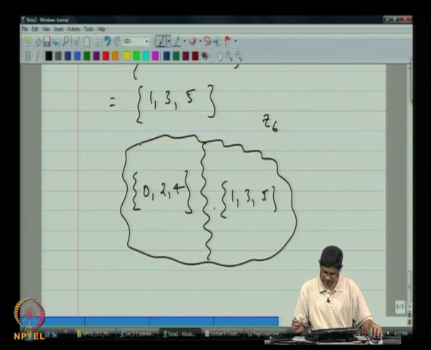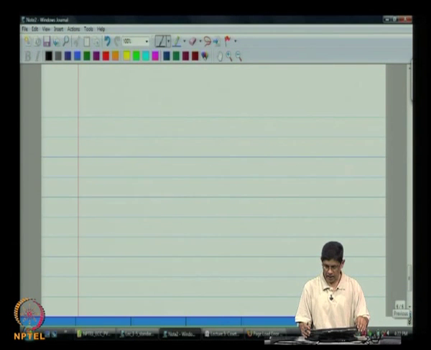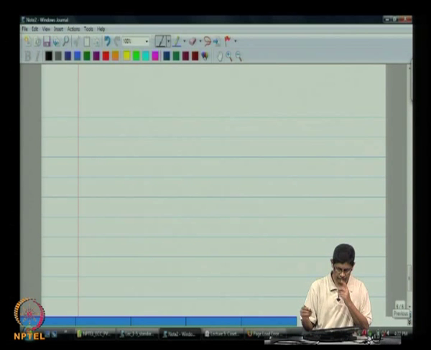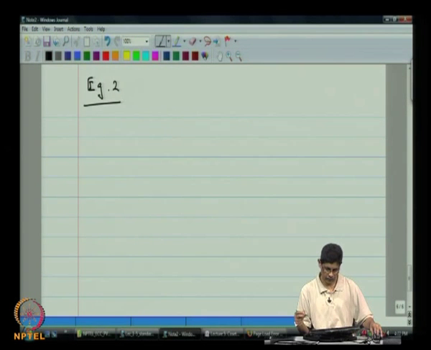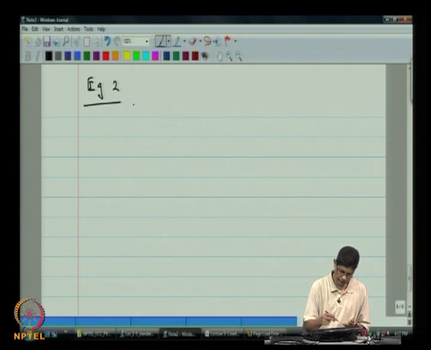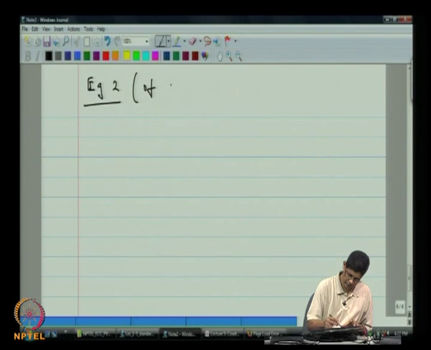Alright, so that is one example. Now let us look at a second example. So this is the example of partitioning into equivalence classes.